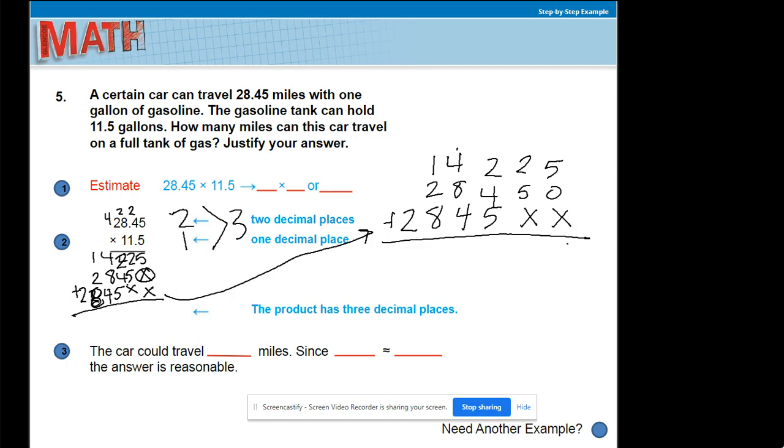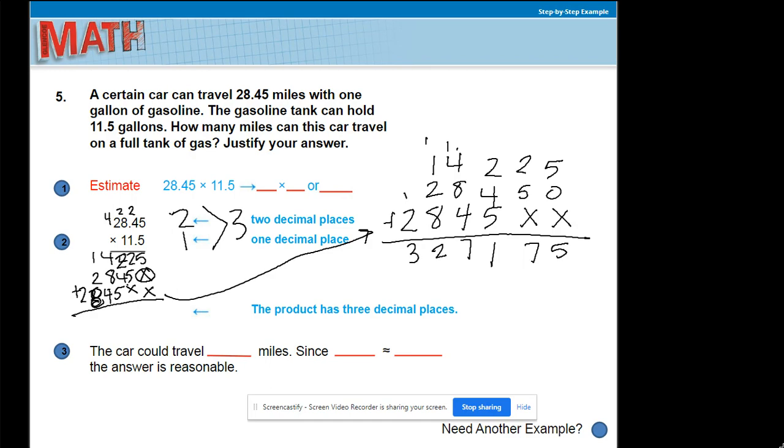All right, now let's add these together and then move our decimal places. So 5 plus 0 is 5, 2 and 5 is 7, 2 plus 4 is 6, plus 5 is 11, carry the 1. This is 4 plus 8 is 12, plus 4 is 16, plus 1 is 17, carry the 1. We have 8 plus 2 is 10, plus 1 is 11, plus 4 more is 12, carry that 1, and 2 plus 1 is 3.